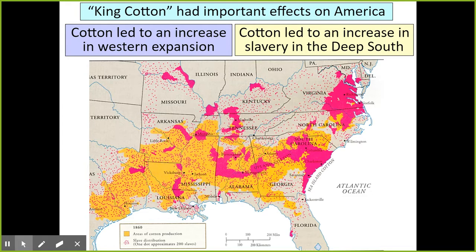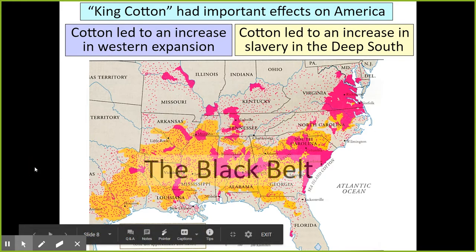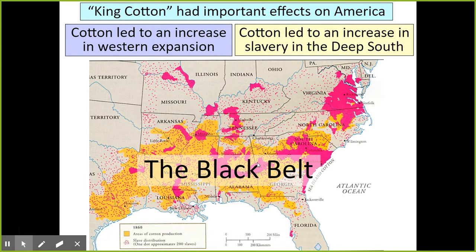It's a very obvious point, but when we talk about needing evidence, the evidence is that we can see through maps that the slave population has slowly been migrating westward, forcibly migrating. This area right here, along the coast of Virginia through South Carolina into Mississippi, is known as the Black Belt.